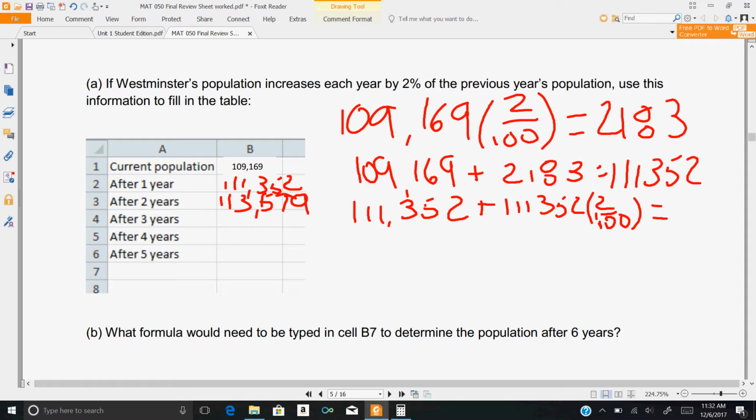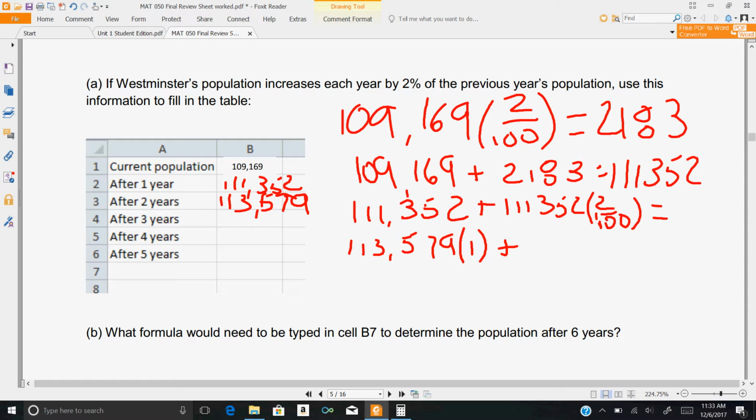And this time I'm going to notice I could factor out that 113,579. I'm going to say that's times 1.